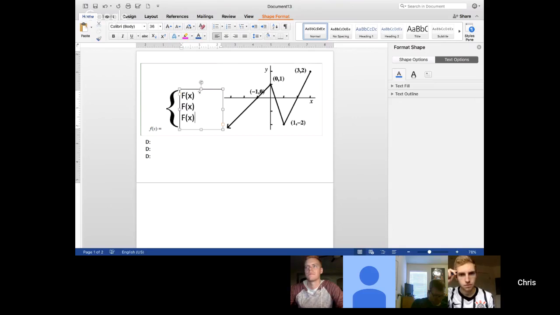Okay, so let's start with this first one here. I'll shrink down that font because obviously it's not going to fit, all three of them. And are we just putting them in slope-intercept form, y equals mx plus b? Yes, slope-intercept, that's right.